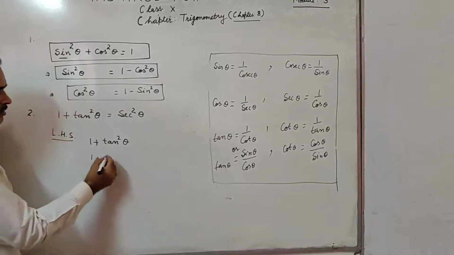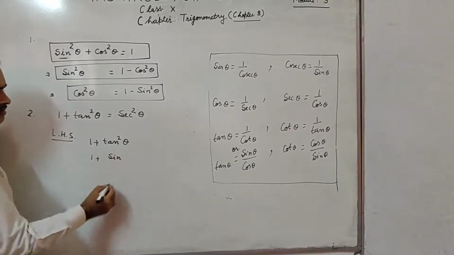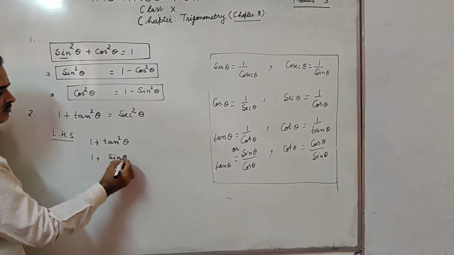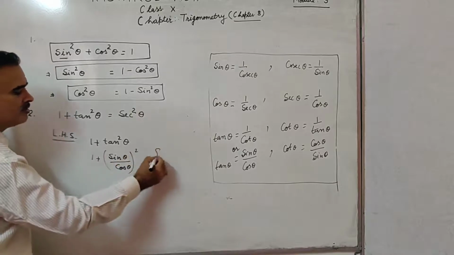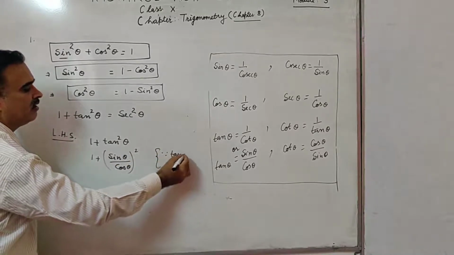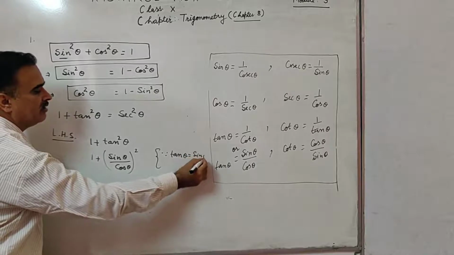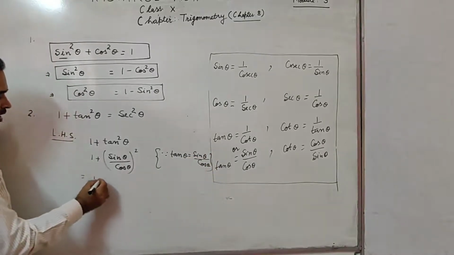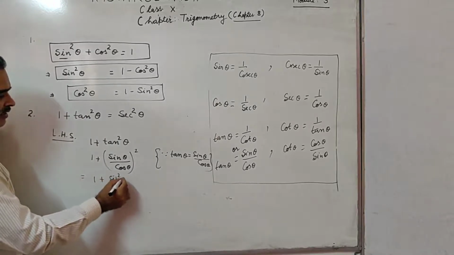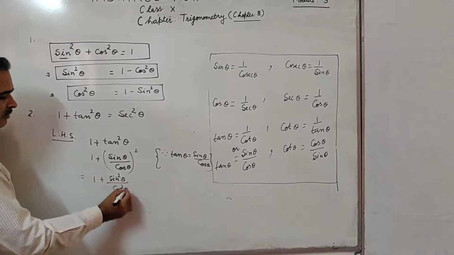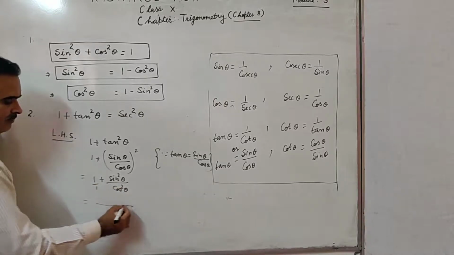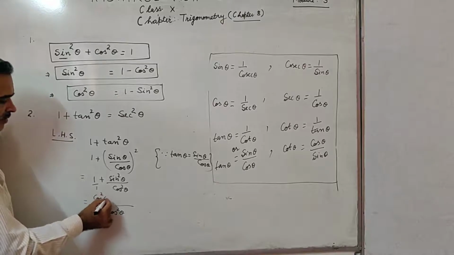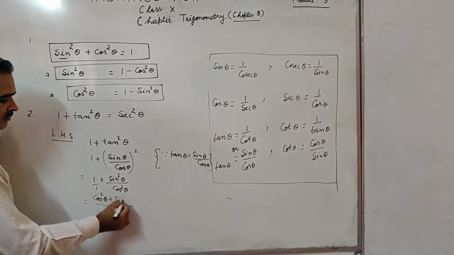So in place of tan, we can write sine theta upon cos theta whole square, because tan theta equals sine theta upon cos theta. So this is 1 plus sine square theta upon cos square theta. We can take the LCM, this is cos square theta plus sine square theta over cos square theta.